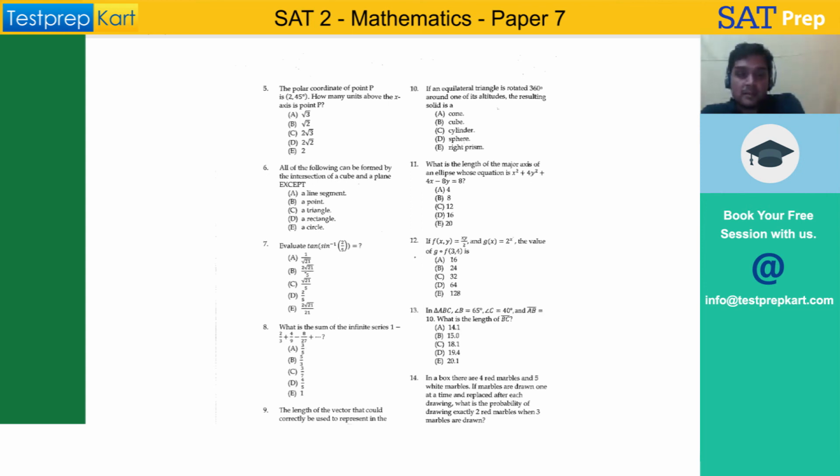The polar coordinates of a point P are (2, 45). How many units above the x-axis is the point P? So in polar coordinates, how many units above the x-axis is point P?